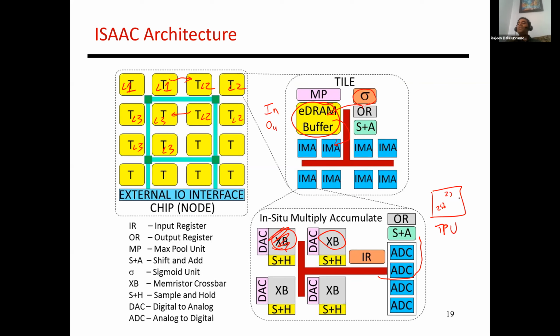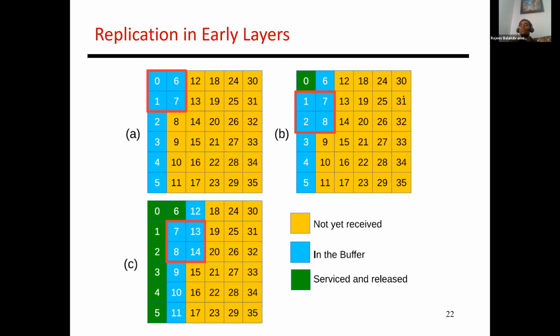The other thing I should note over here is that when you have a spatial pipeline, to maximize utilization, you have to make sure that every layer has the same amount of throughput. Otherwise, if one stage is producing more outputs and the other stage is not able to keep up, then you end up having stalls in the pipeline. So essentially, you have to match the throughput of every single stage. Here's layer 1 and here's layer 2.